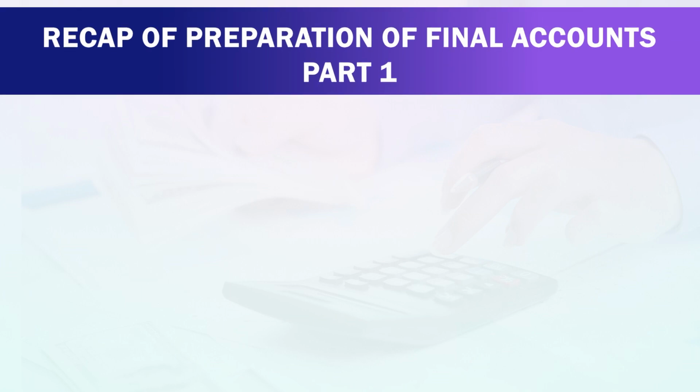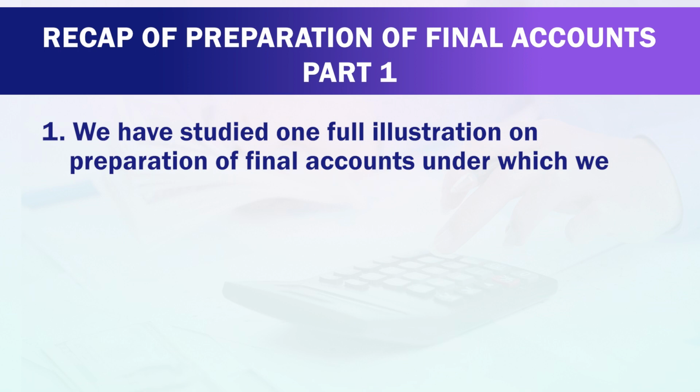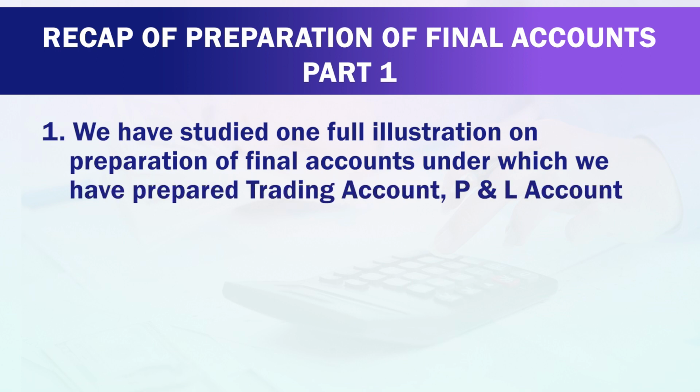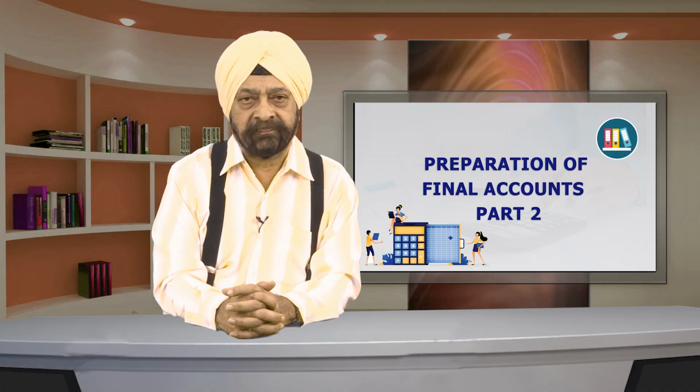Dear friends, we are studying about final accounts of sole proprietary concern, and in first part of it, we have studied one illustration on preparation of final accounts, under which we have prepared trading account, P&L account and balance sheet. But these final accounts are prepared without adjustments.